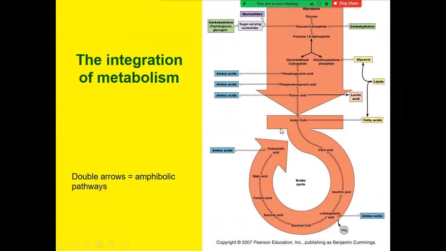Not real good, but you can sort of see wherever there's two arrows, one going this way, one going that way, it means that in human cells, we can go both ways. And so the amino acid here can go this way, forming pyruvic acid, and then the pyruvic acid can go this way to form glucose.